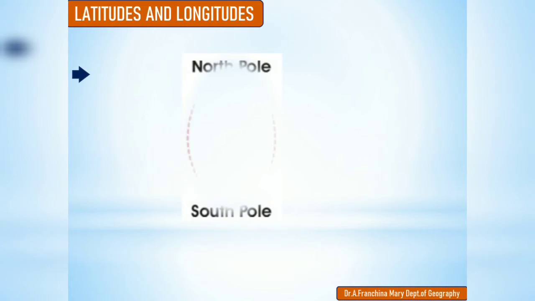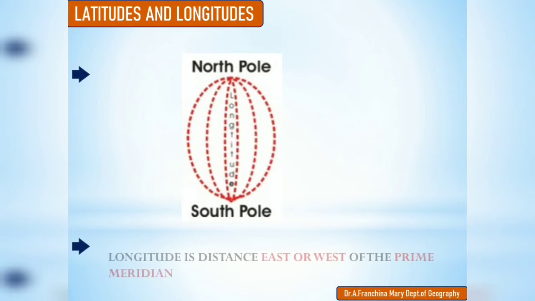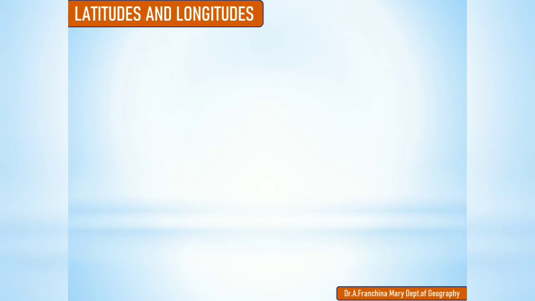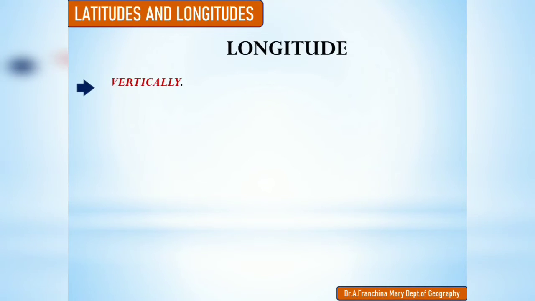Longitudes: distance east or west of the prime meridian. Lines of longitude run vertically and they are also called meridians.